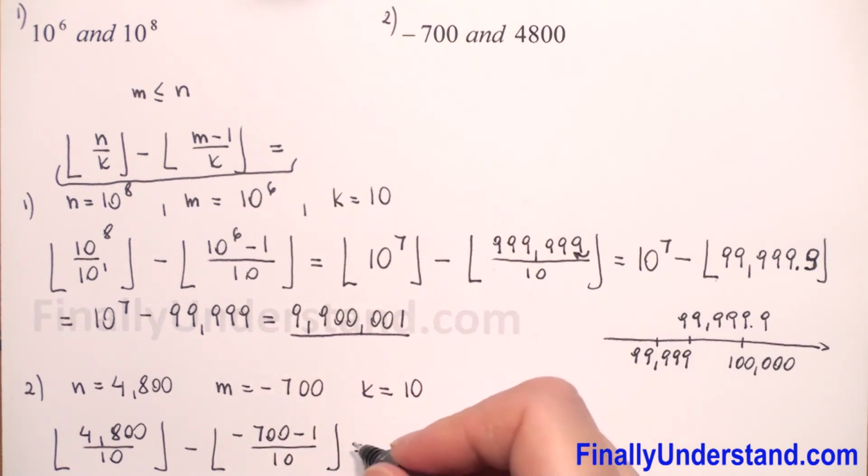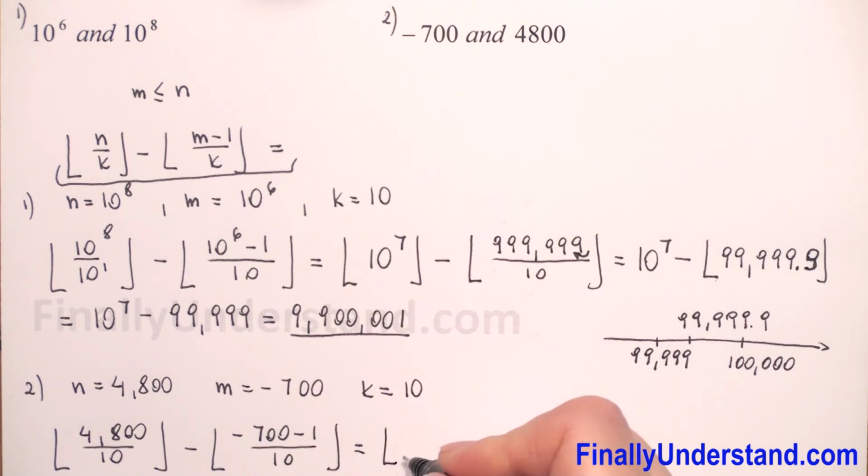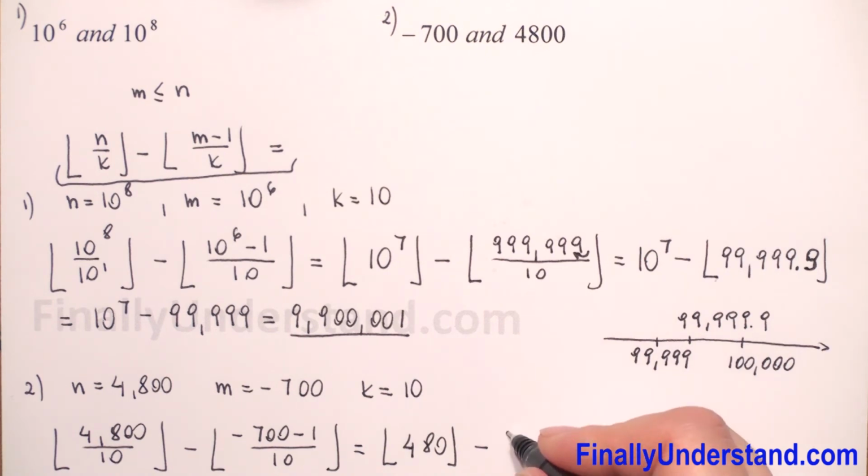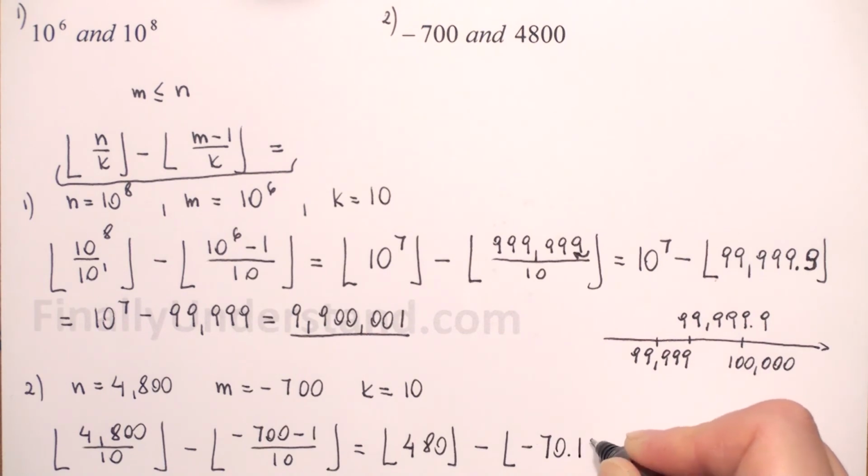So this is equal to floor of 480 minus, we have negative 701 divided by 10 is negative 7.1. So first, floor of an integer, 480 is an integer, so it will be the same number, 480.